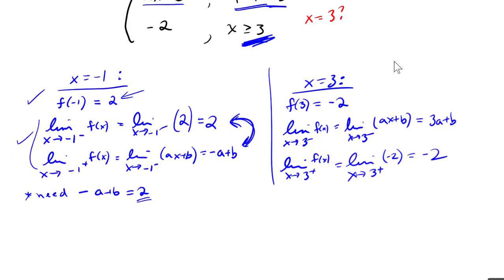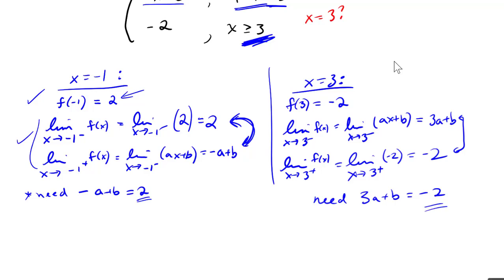And once again, if I'm going to have the limit exist here, I need these two to be the same. So I need 3a plus b to be negative 2. That would make the limit exist. It would also make it equal to negative 2, which would match the function value.